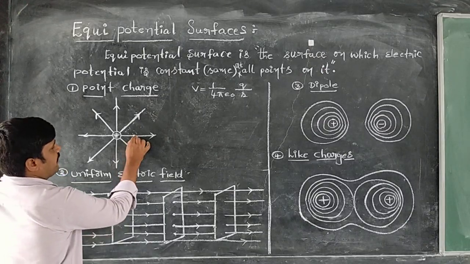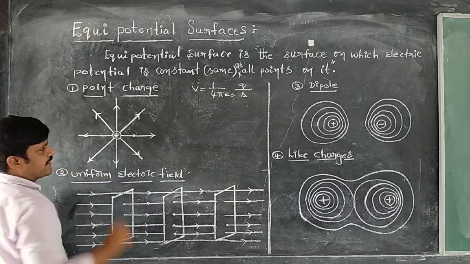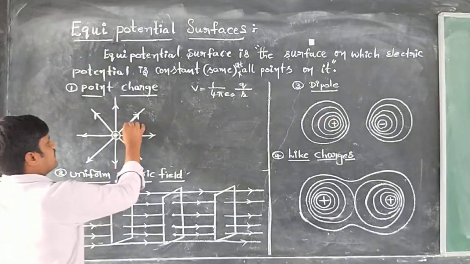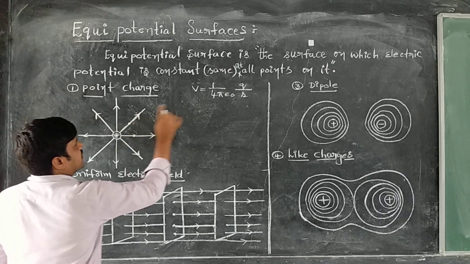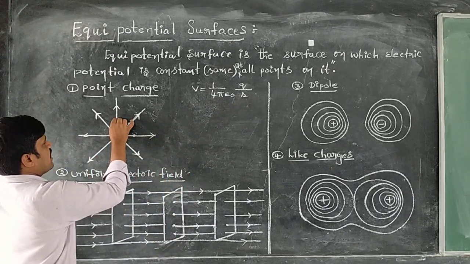From this positive point charge, at a distance r, I am considering one point. Thereafter, at the same distance r, I am considering another point, and one more point at the same distance r, and here also, the same r distance.